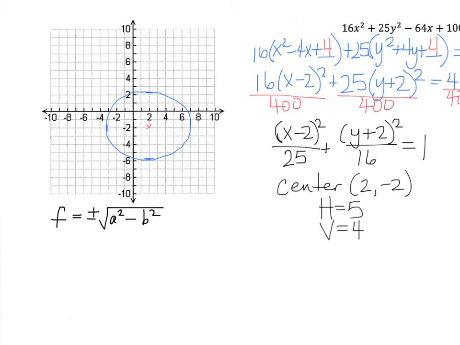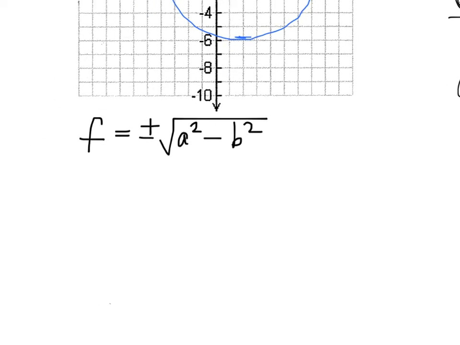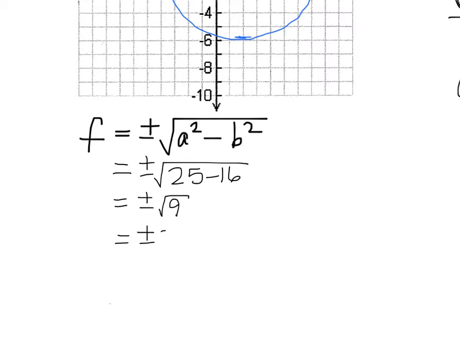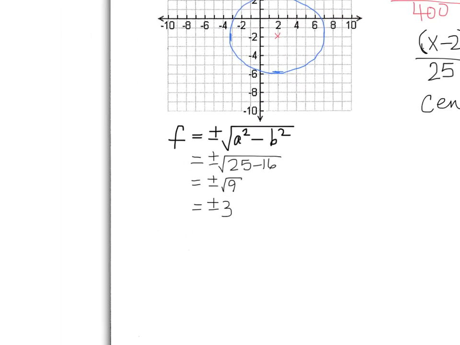Therefore, to figure out these numbers, this is equal to plus or minus the square root of 25 minus 16. That's plus or minus the square root of 9, which is plus or minus 3. Which direction? Well, your foci always go on the major axis.